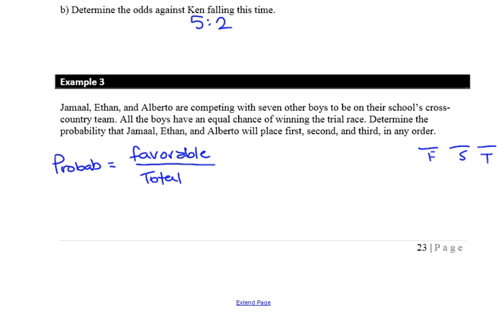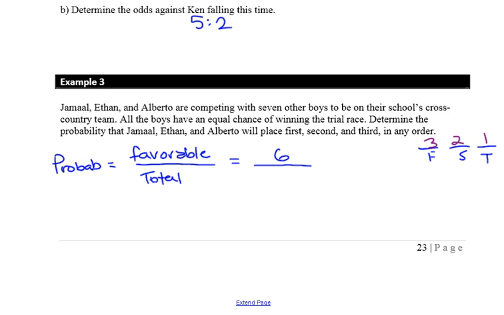How many choices do we have for first? 3. How many for second? You can't have the same guy go first and second, so 2, and then 1. It's a total of 6 ways, over how many total ways can we take?